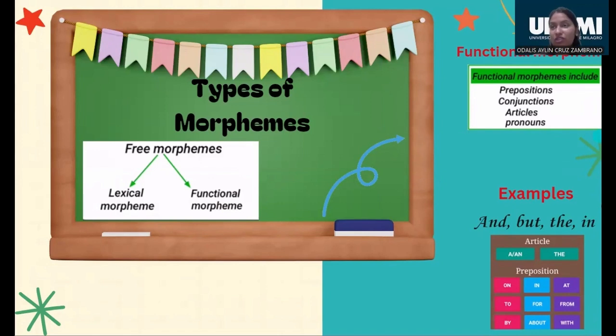They include prepositions, articles, and pronouns. And very important, they express grammatical structure, okay? And we have an example: but, in. They are a preposition, article, and pronouns. Thank you.